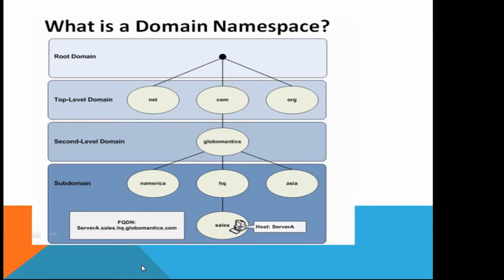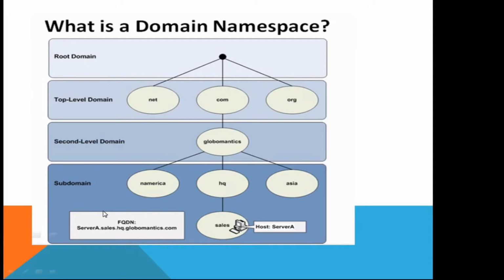I would like to tell you here, this is server1.sales.hq.globalmetrics.com. This is the complete FQDN. Now in the top level domain, this is .net.